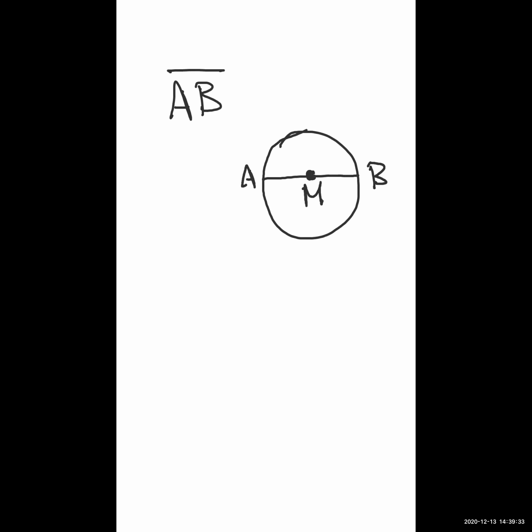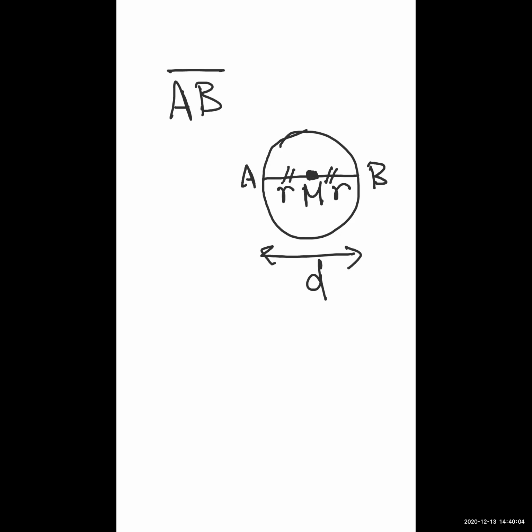This means the center point divides the diameter of the circle into two equal parts, which are the radius of the circle. So if AB is the diameter, this one is a radius and this one is a radius, and both of them are equal. So this means M is the midpoint of AB. Are we clear till now?